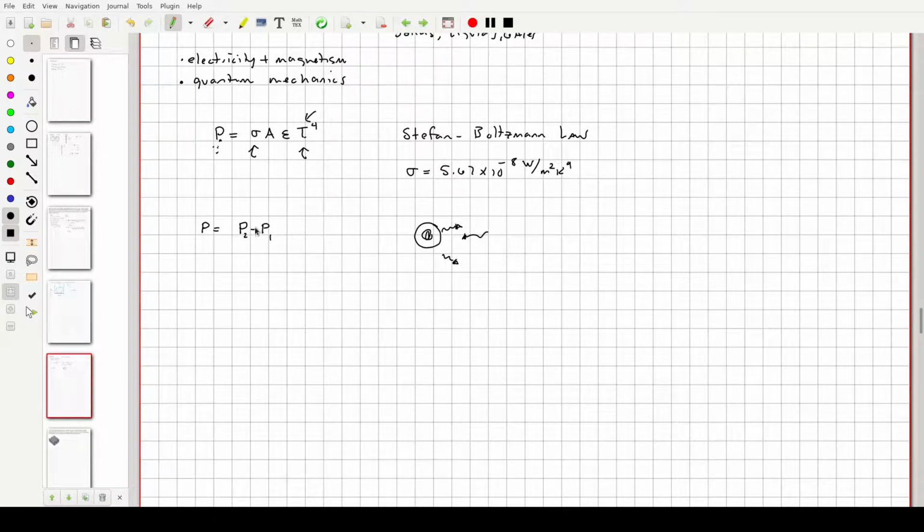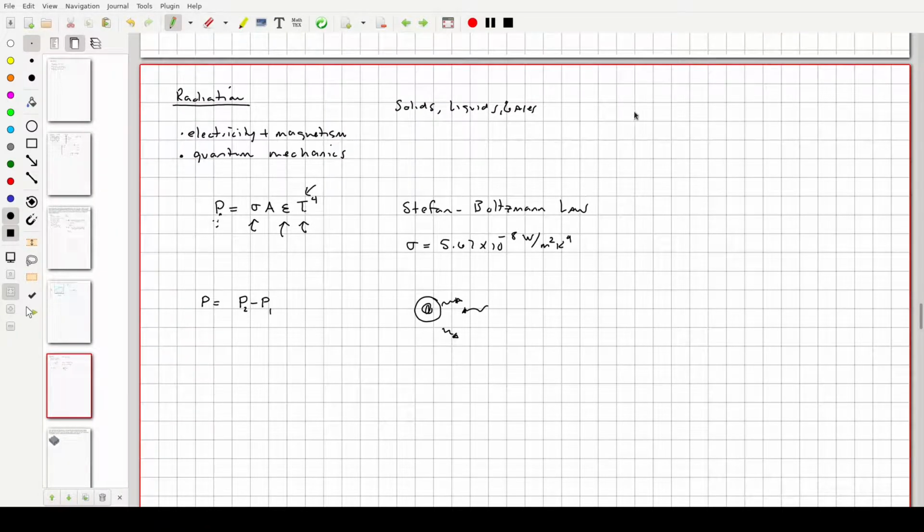Okay. Now, let's talk about what this epsilon thing here is. Epsilon is called emissivity.